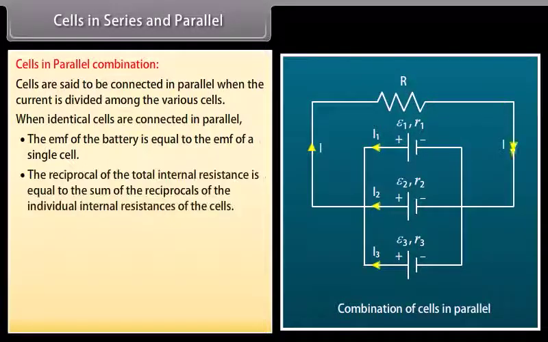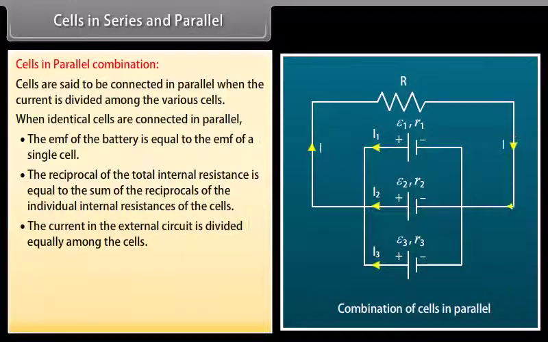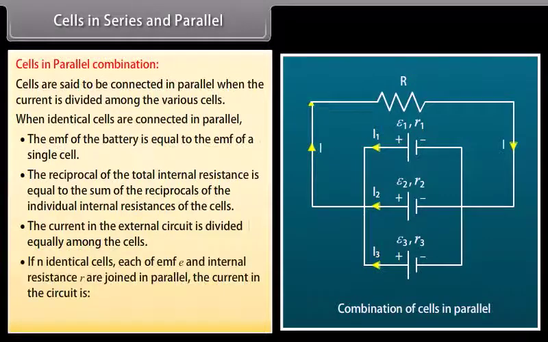The reciprocal of the total internal resistance is equal to the sum of the reciprocals of the individual internal resistances of the cells. The current in the external circuit is divided equally among the cells. If n identical cells, each of EMF E and internal resistance R, are joined in parallel, the current in the circuit is equal to nE/(nR + R).